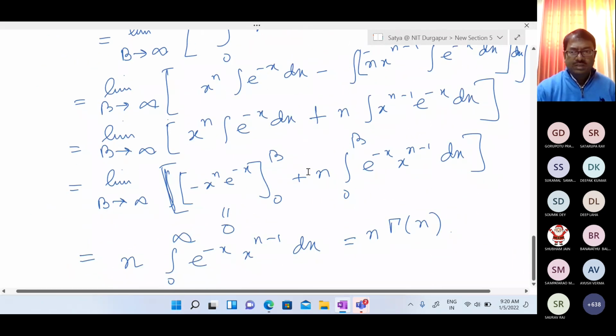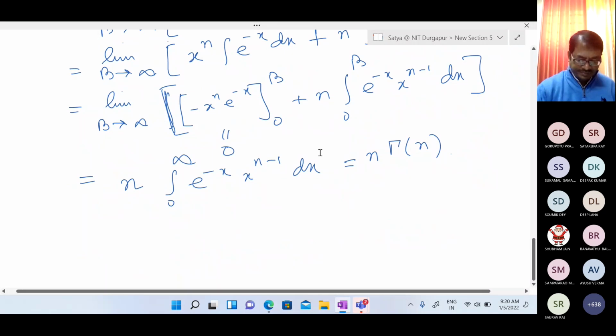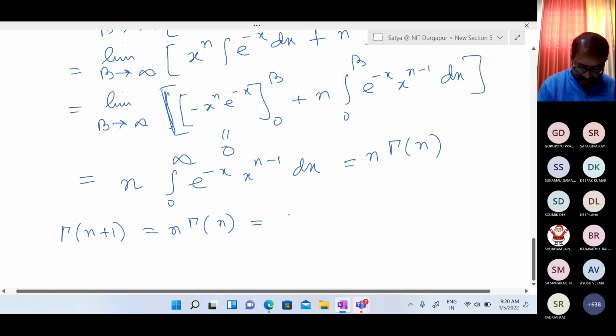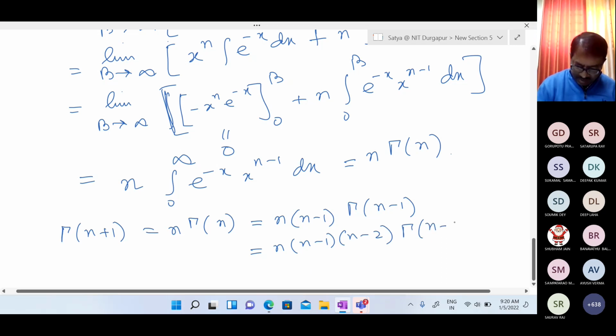So this theorem says that if n is a positive integer, gamma n plus 1 equals n gamma n. If we repeat this, we get n into n minus 1 gamma n minus 1, and if we continue, n into n minus 1 into n minus 2 gamma n minus 2, and finally it goes down to gamma 1, and we know gamma 1 equals 1.